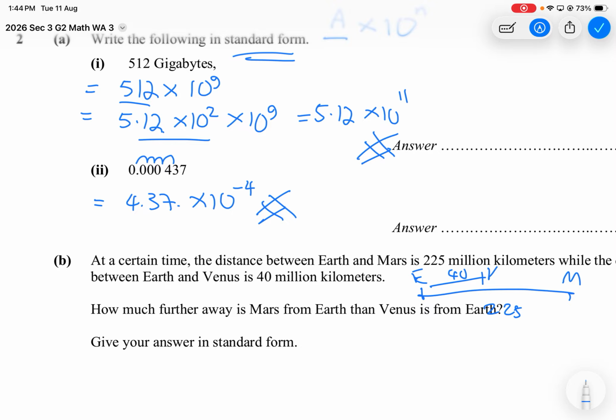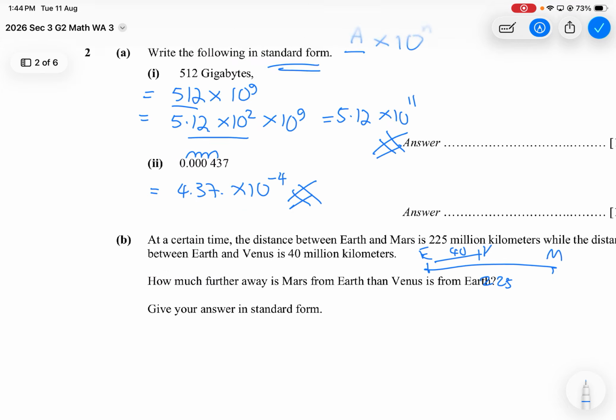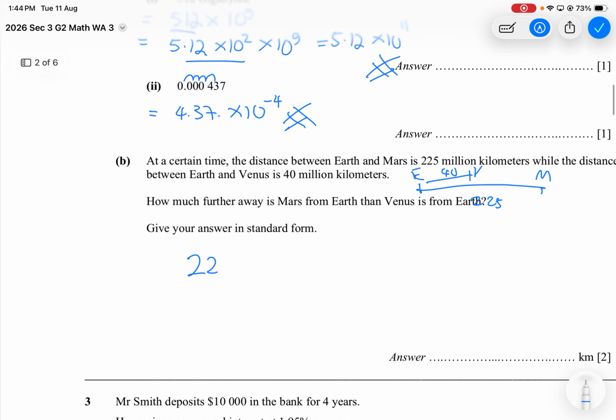So you must read the question, know what they are asking you to find. So they actually just want you to take 225 million minus 40 million equals to 185 million.